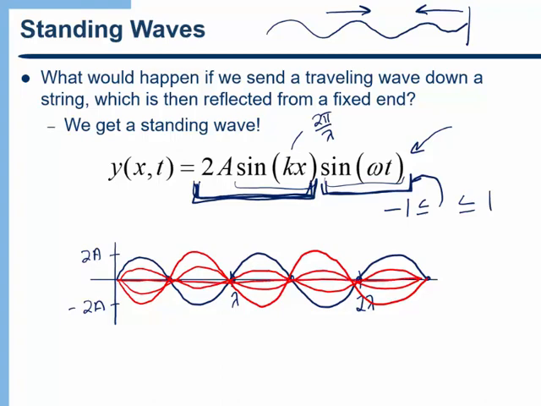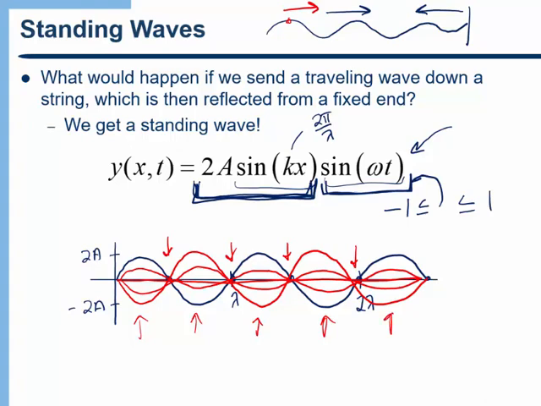And so what we would see is that our wave no longer travels. In other words, it's not like this hump continues to move to the right like it does in a traveling wave. This point never moves, and neither do these maximum points. The string is going back and forth, but those points are always the same as well.